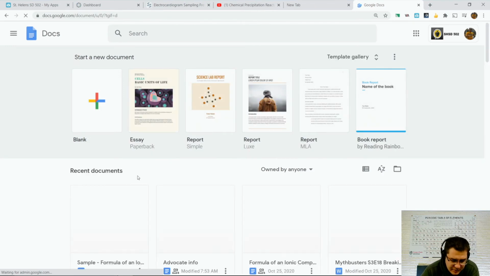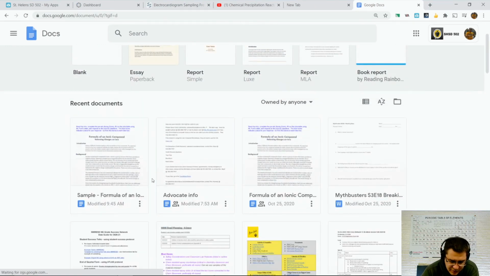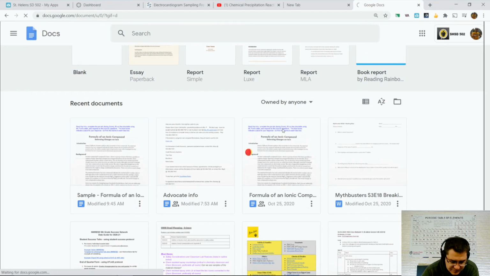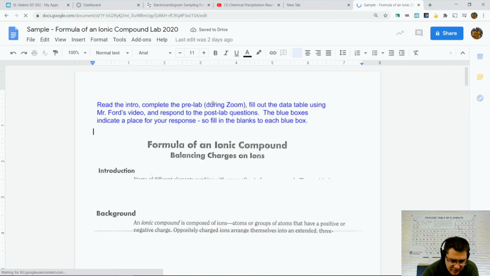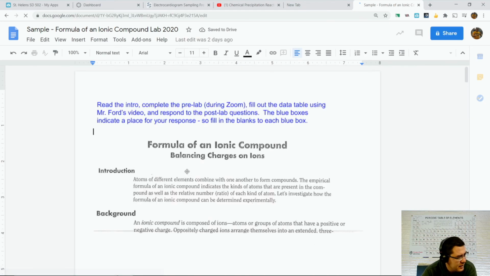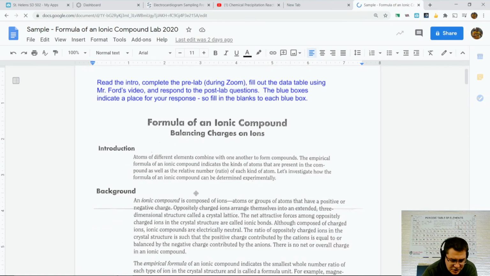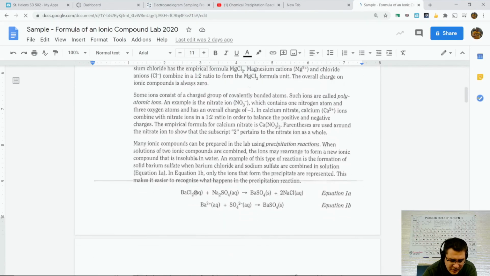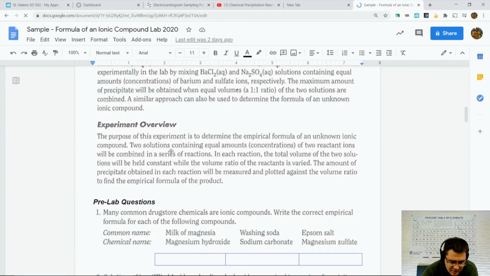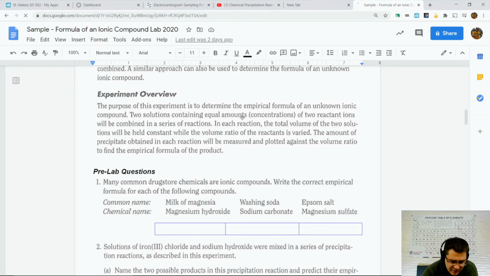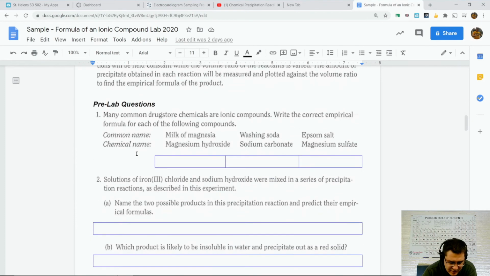If you're looking at the pre-lab questions, let me just do one for you, and maybe you could try the other. So please, even if you can't do the pre-lab questions, please read the introduction and background. It talks more about polyatomic ions. And read the experiment overview. Okay, and here's where we'll start.